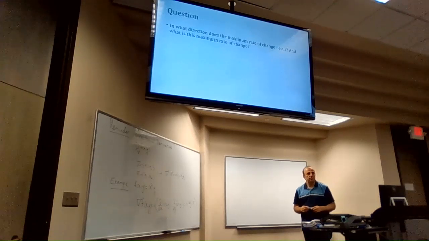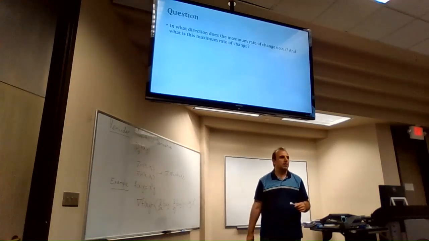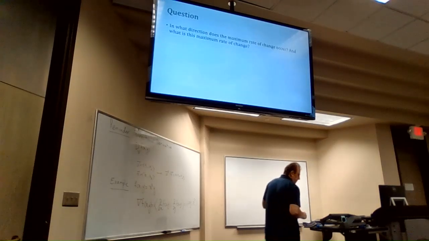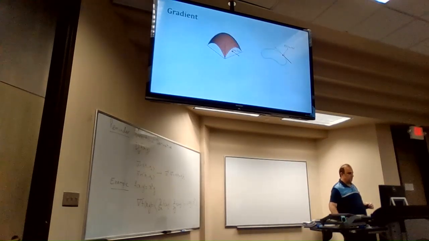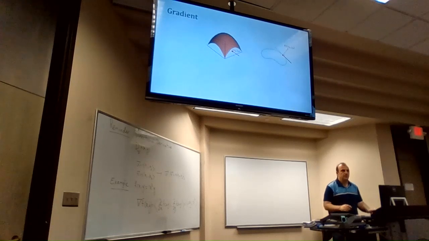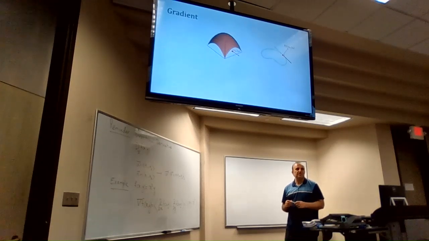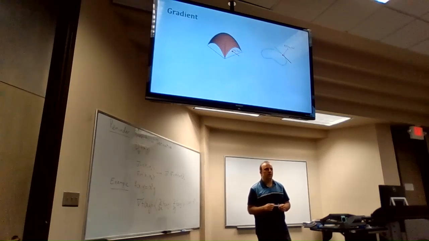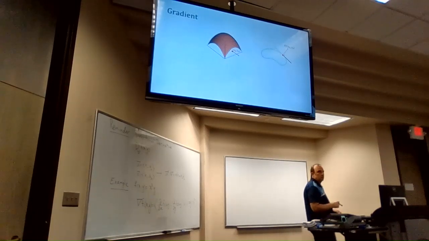Yes, please. Let me go back to the picture. So what is the surface? Oh, that surface is the graph of the function z equals f of x and y. So it's related to that.